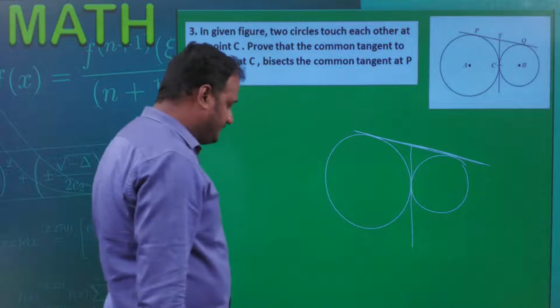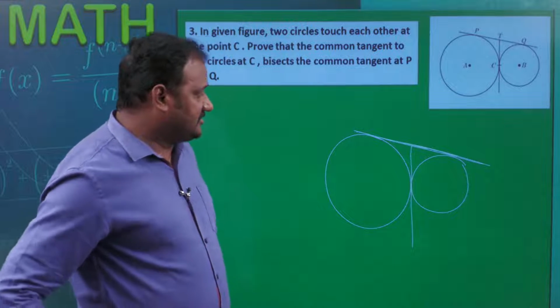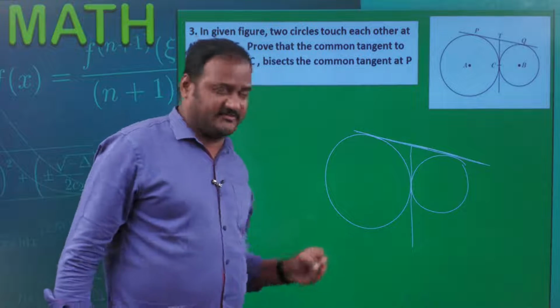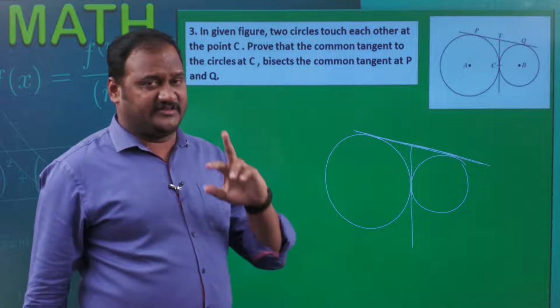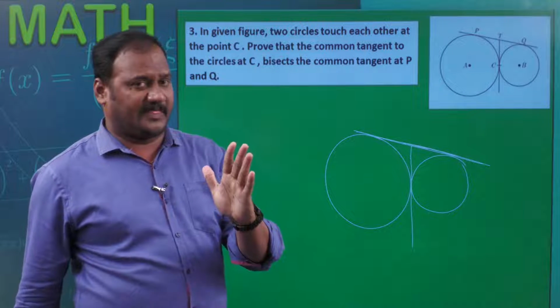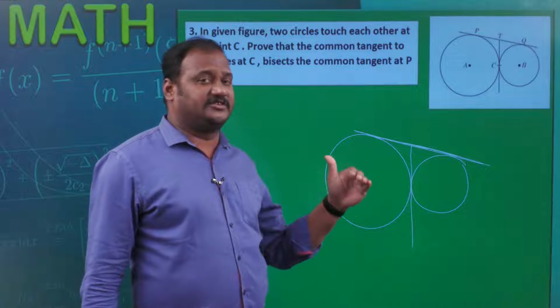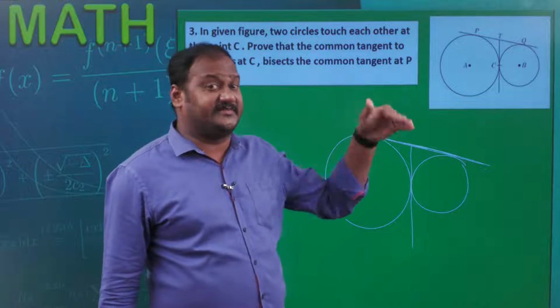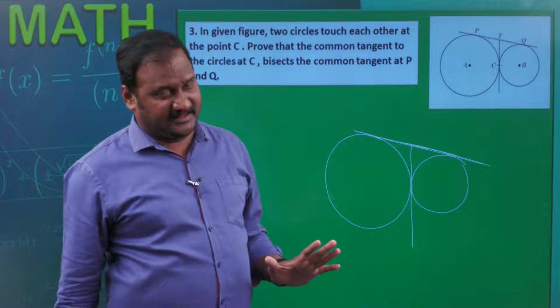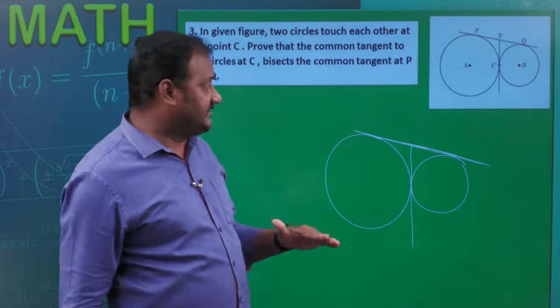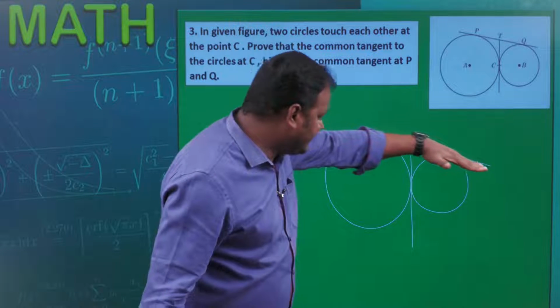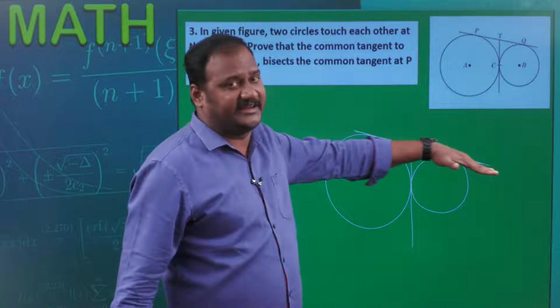See, there are two very important words that I am going to tell you about this kind of tangents. Suppose there is a tangent which is common for both the two circles, and both the two circles lie on the same side of the tangent, then that tangent is said to be a direct common tangent.